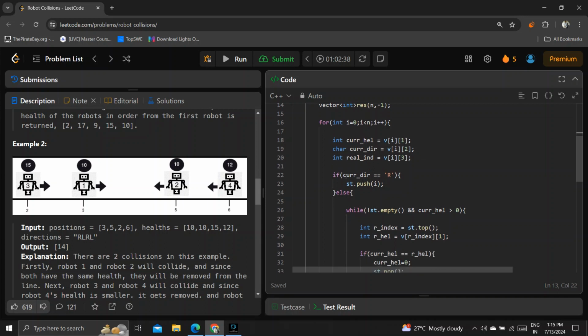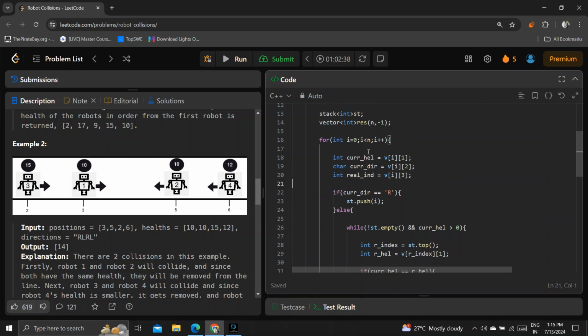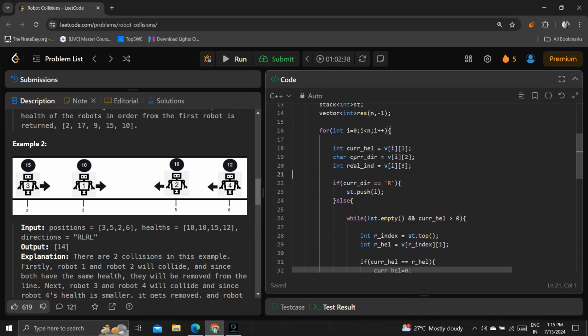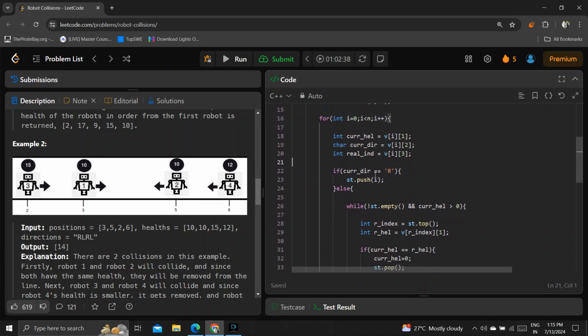And I will check if the current direction is equal to right, meaning the robot is moving in the right direction, I will simply put its index into the stack. Why am I putting its index? Basically, with this index, I can access the current health, direction, and index of that particular robot, because it is a vector of vectors, and we are traversing through the vector of vectors only.